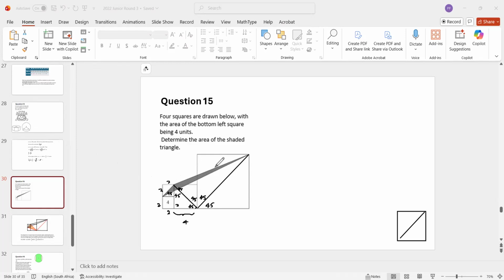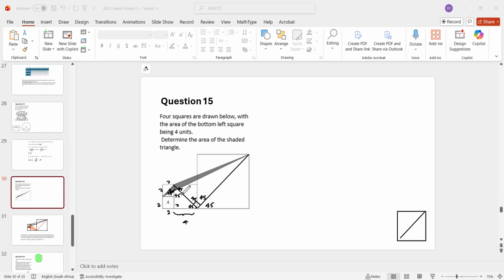So I've got all three diagonals, all three squares, I've got a diagonal drawn. Now, if that is 45 and this is 45, this means that this angle here is 90, from here to here.